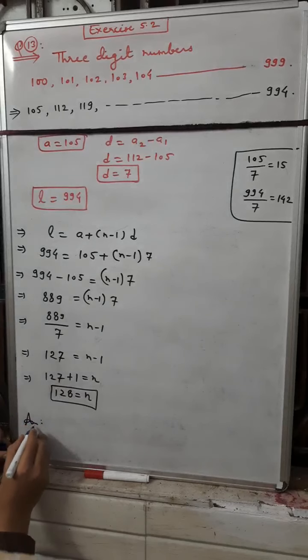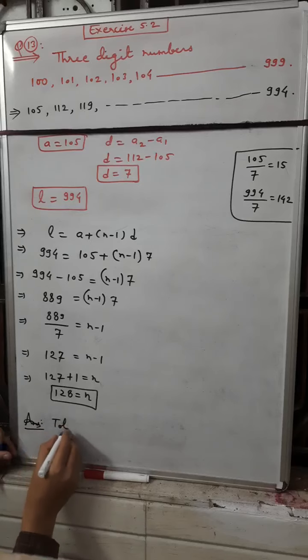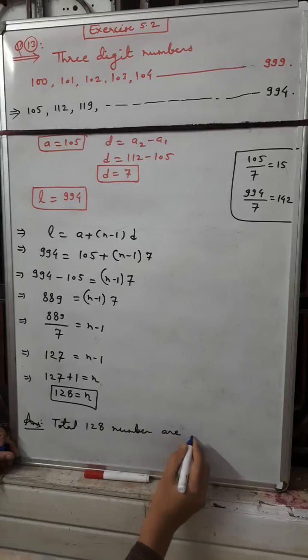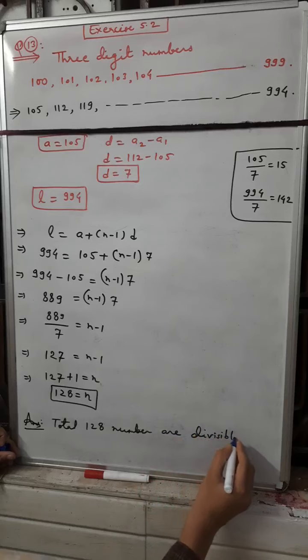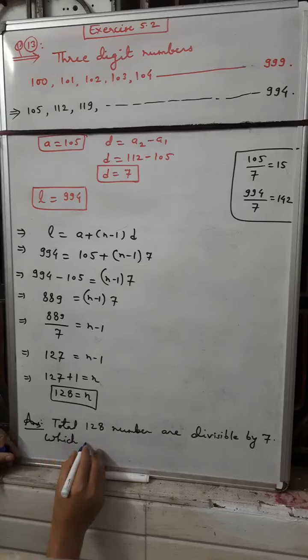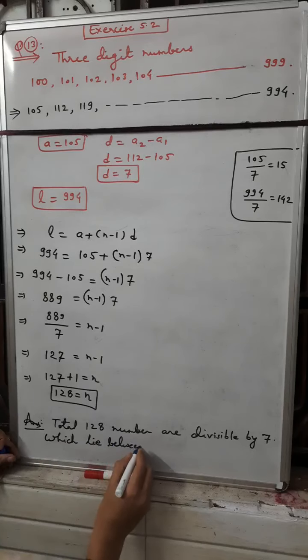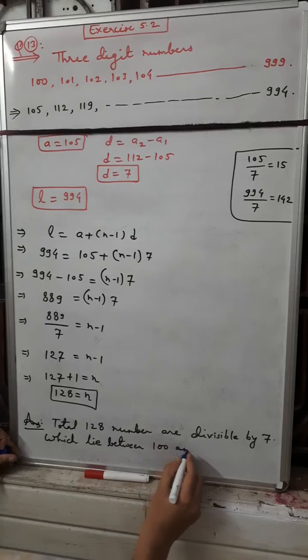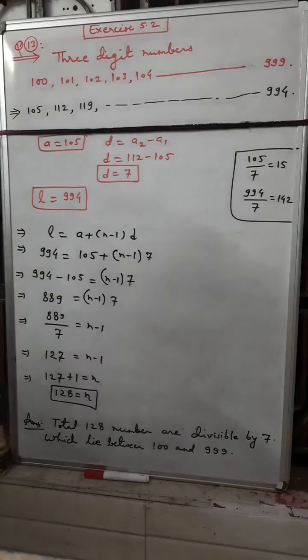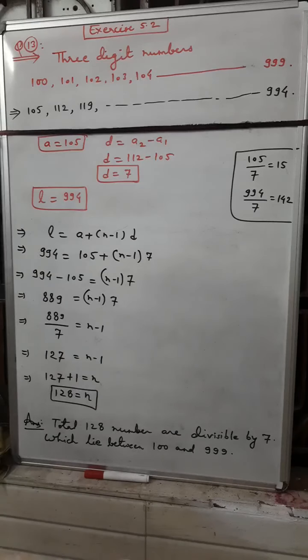So the answer is a total of 128 numbers are divisible by 7, which lie between 100 and 999. So it is the solution of this problem.